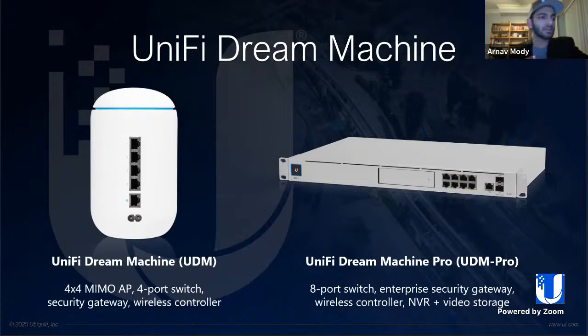I have the Dream Machine here, for example. This is the box for the Dream Machine. It's a very sleek, small device. It combines your 4x4 MIMO access point, a 4-port switch, and your security gateway, and also has the wireless controller already loaded in here. So you don't have to worry about installing it anywhere else. This sleek small device has four devices combined in one.